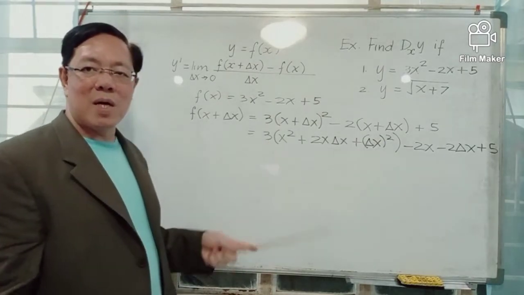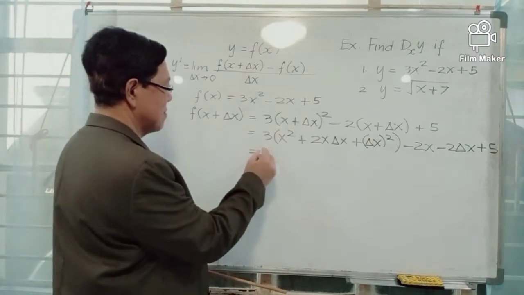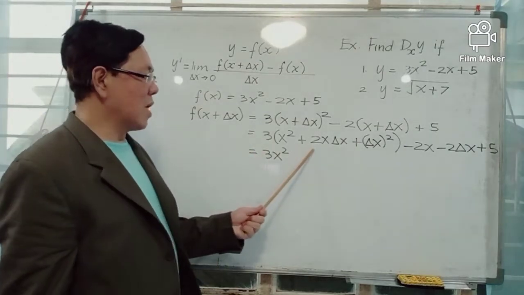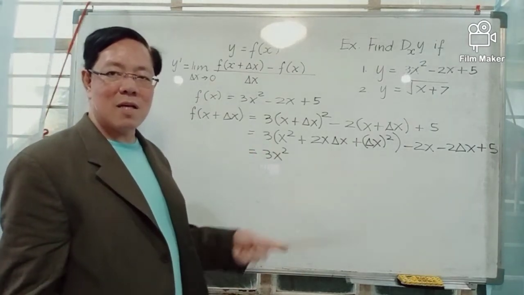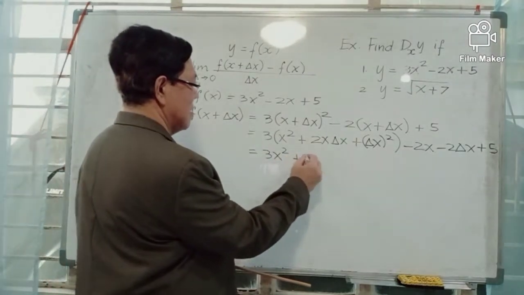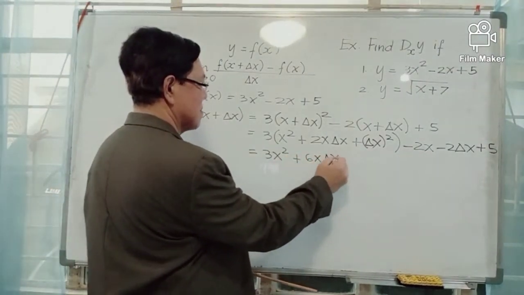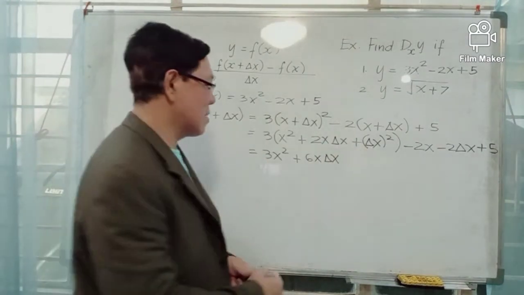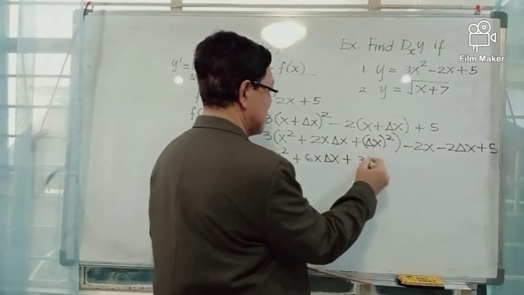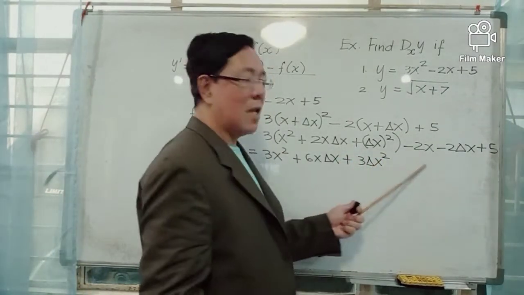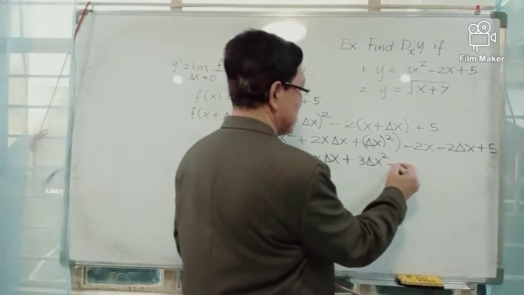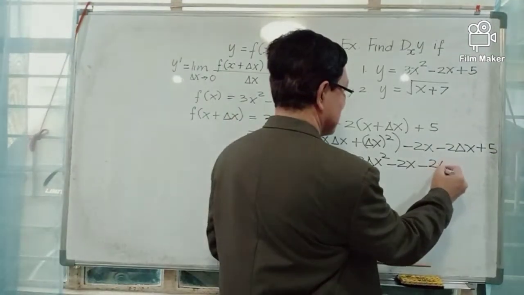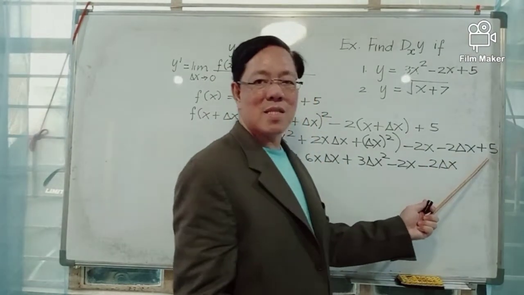We get 3 multiplied by x squared, this is 3x squared, and 3 multiplied by positive 2x delta x is 6x delta x, and 3 multiplied by delta x squared is 3 delta x squared. The last 3 terms are the same. We write minus 2x, minus 2 delta x, and plus 5.